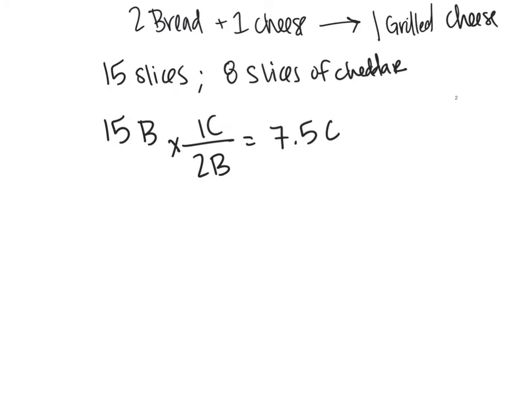Well, if we have 8 cheese, we would need 1 cheese for every 2 breads, and so you would need 16 breads. Now, you and I are both somewhat aware that we're not really going to make half of a grilled cheese, but for the purposes of this example, we're going to roll with that. So one of these tells us that we need more than we actually have.